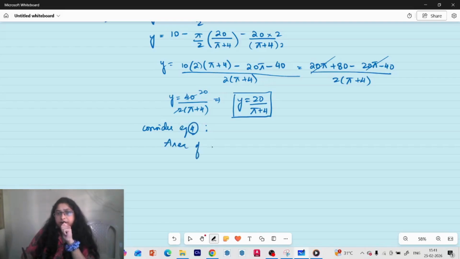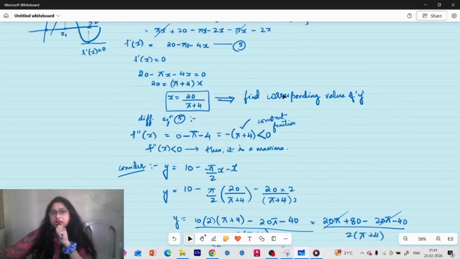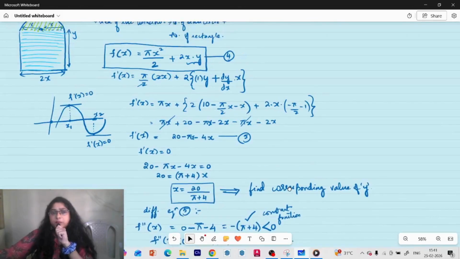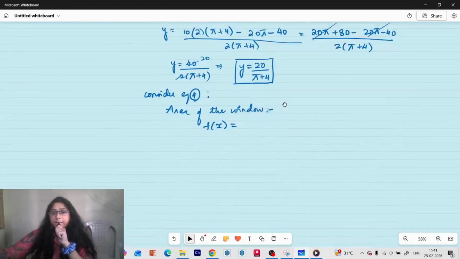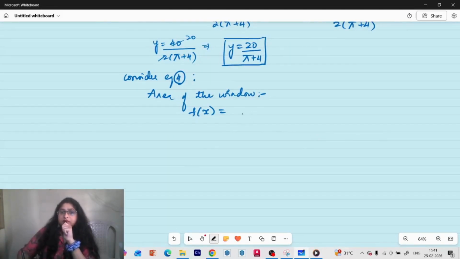Area of the window is given by f of x is equal to, sorry, I'm referring back, f of x is equal to pi x square by 2 plus 2x into y. Pi x square by 2 plus 2 into x into y, and so that's it.